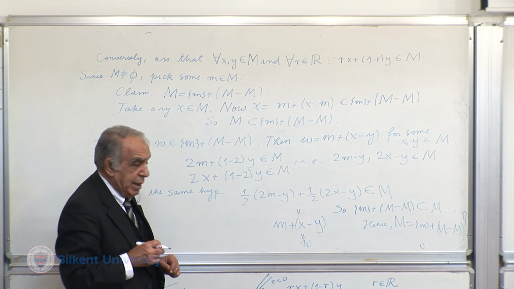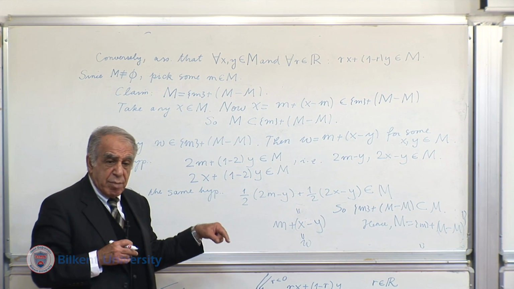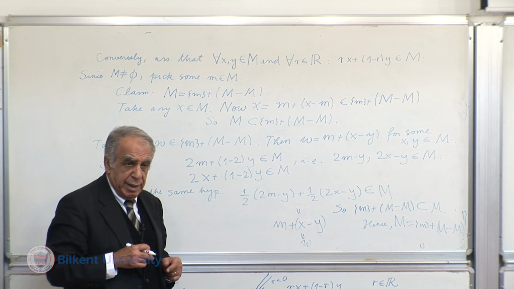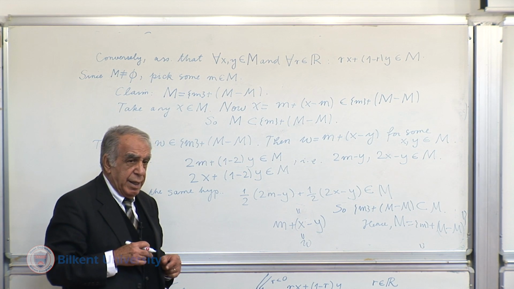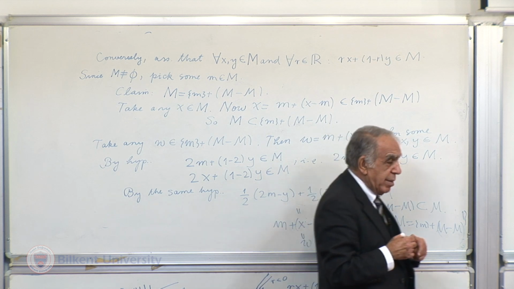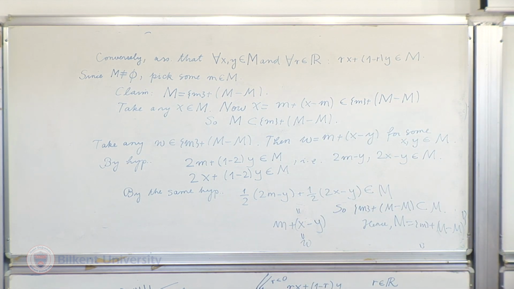Now the next step is to show that M minus M is a subspace of Rn. Now, well, is M minus M non-empty? Yes, since M is non-empty, M minus M is non-empty.